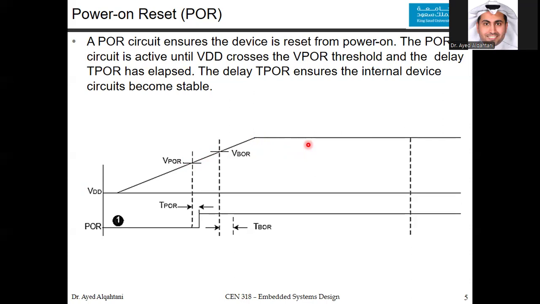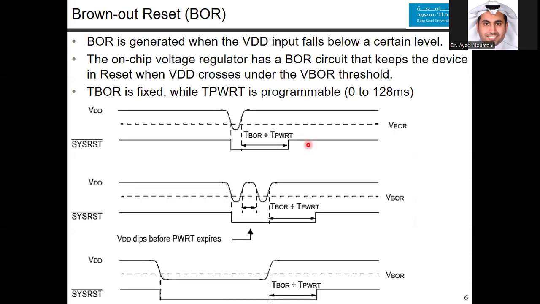The microcontroller should have this flag. So now if the VDD crosses this threshold, the VBOR, you wait for a certain time. This is the time for the BOR, which is like a mandatory time, plus a time that you could add by software.